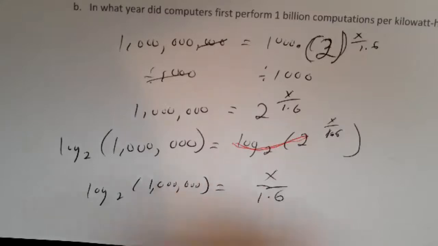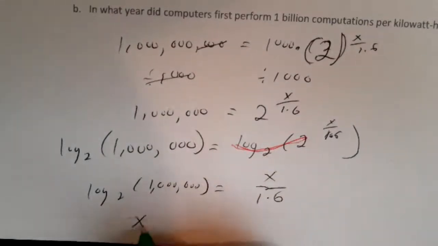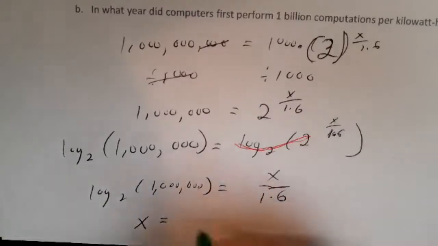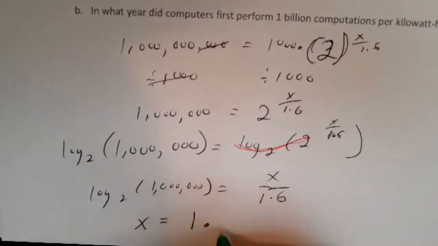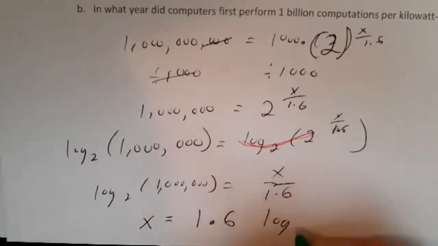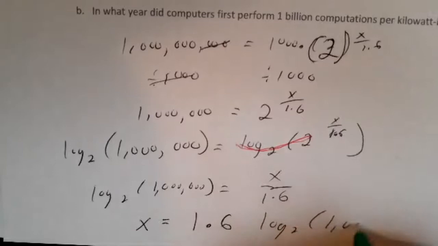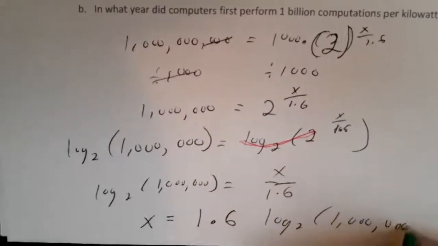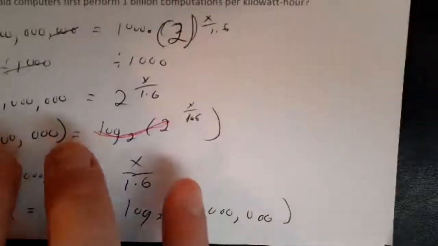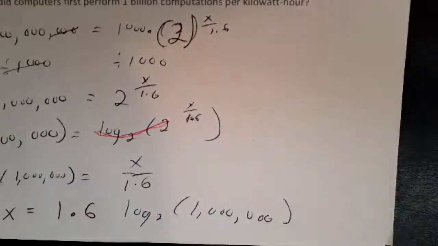And you might have figured it out, but the last thing we do is if this is x being divided by 1.6, the opposite of dividing is multiplying. So if we multiply both sides by 1.6, we're going to get 1.6 log base 2 of 1,000,000. And now at this point, probably grabbing your calculator, we want to do 1.6 times log base 2 of 1,000,000.